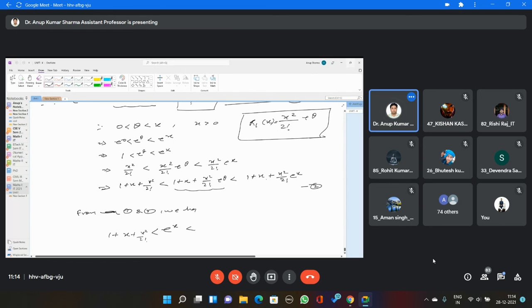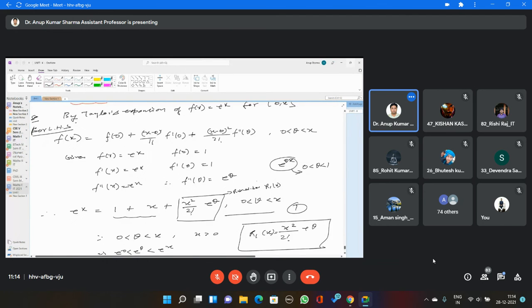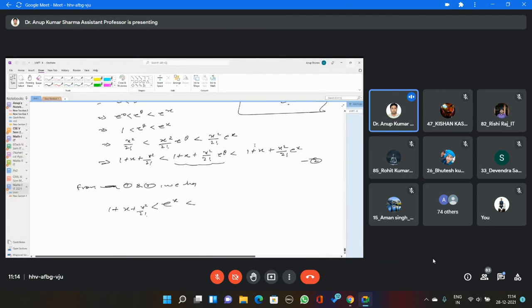Now on this side you see 1 plus x plus x squared by 2 times e to the power x. So this is proved. Got it?